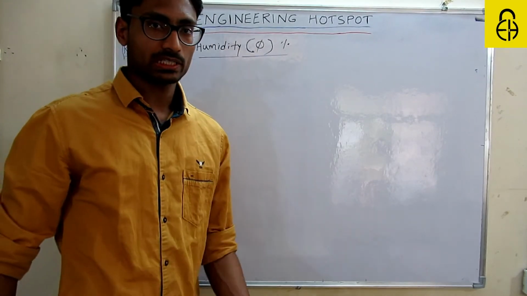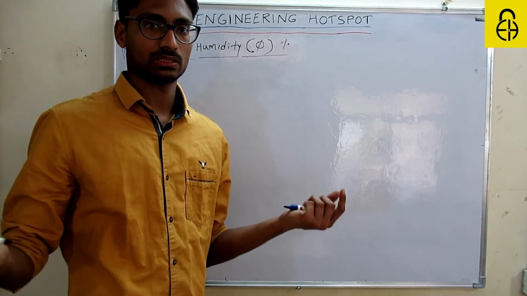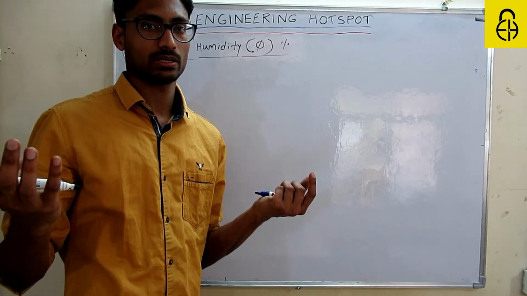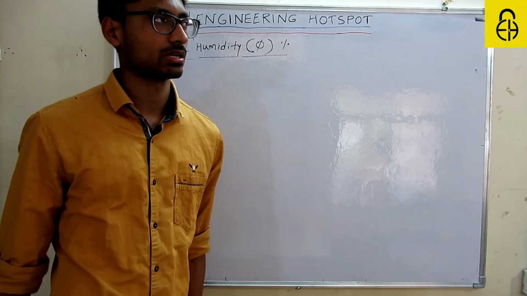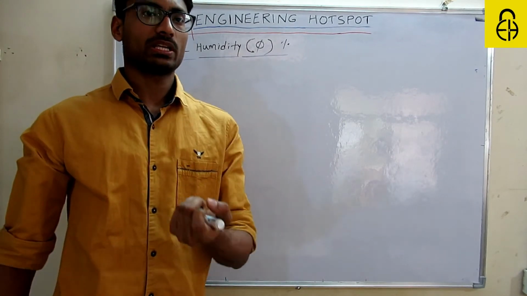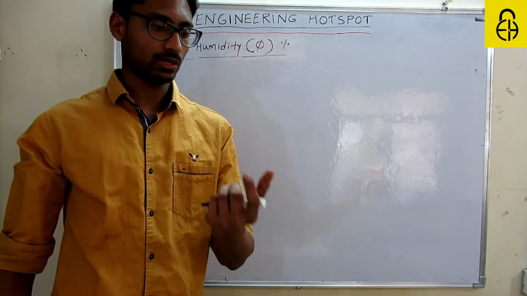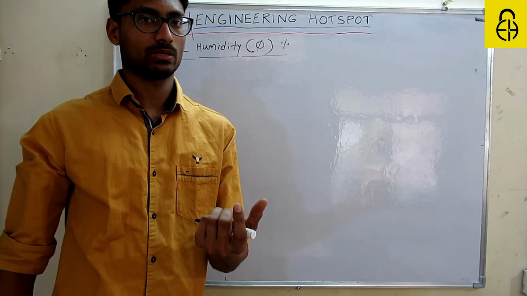Basically, when you take a sample, I told you that it's a combination of air and water vapor, means it's a mixture. Now, at any given temperature and pressure, you can hold only a certain amount of water vapor.